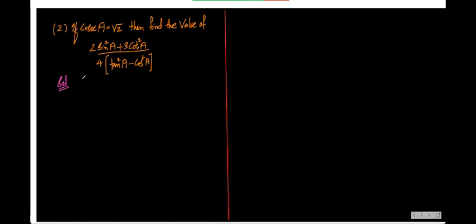Look at given cosecant A is equal to root 2. Cosecant is the reciprocal of what? Tell me. Cosecant is the reciprocal of sine. It means sine A value is its reverse, 1 by root 2.